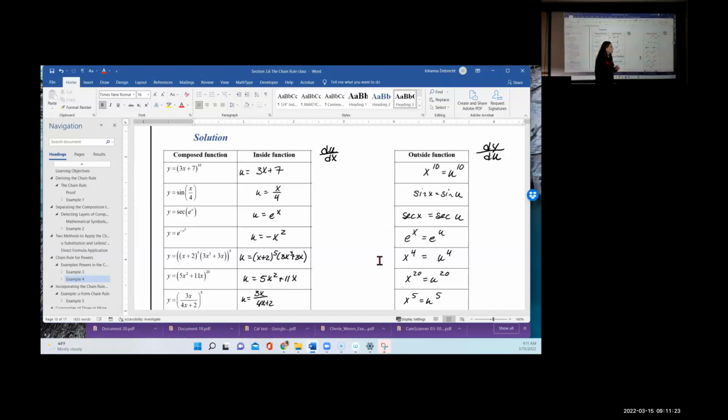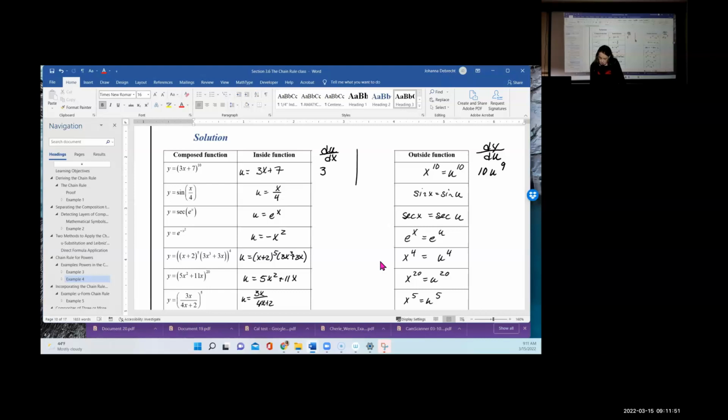So the first thing we want to do, if we're applying Leibniz's rule, so we're doing method 1, which is the more explicit of the two rules, is we take the derivative of the outside function. So we're going to start in column 2 over here, and we want to take the derivative of the outside functions. So the derivative of u to the 10th would be 10 times u to the 9th, right? And then we take the derivative of the inside function, which would be 3.